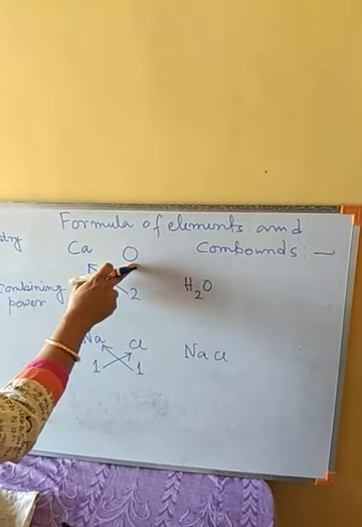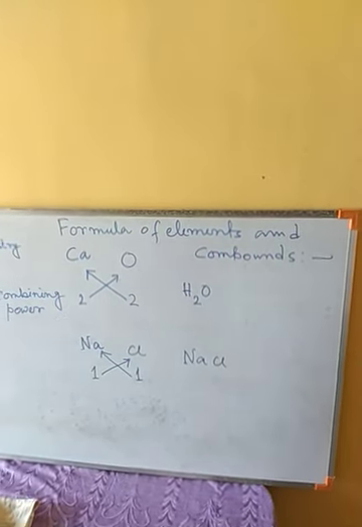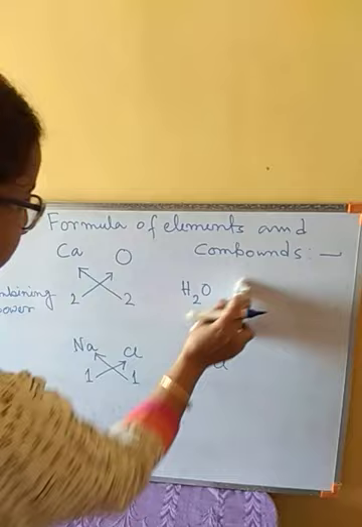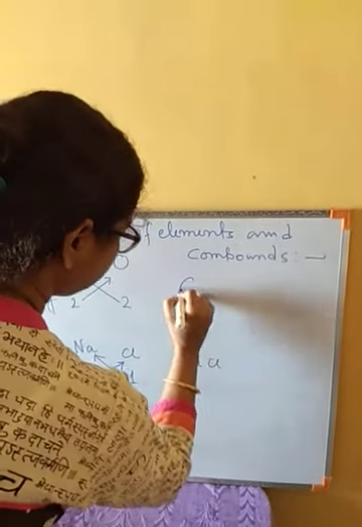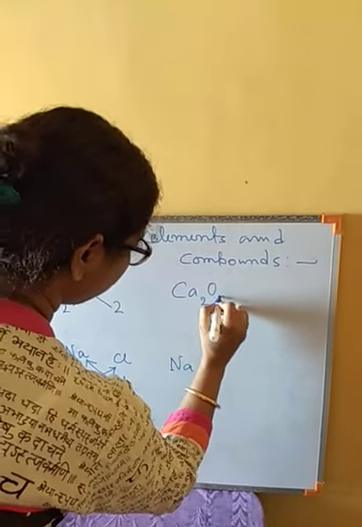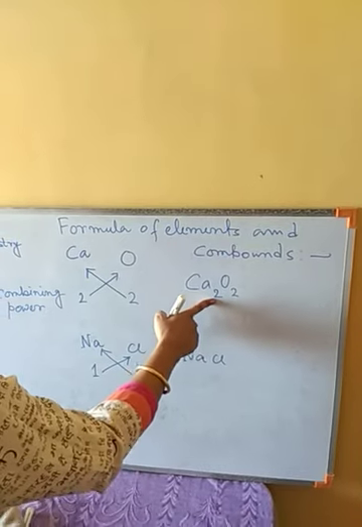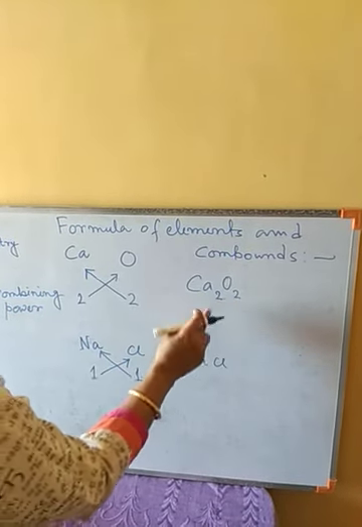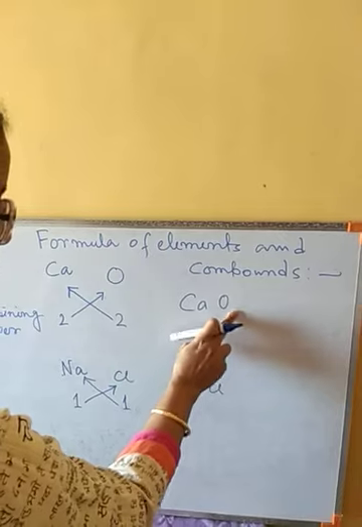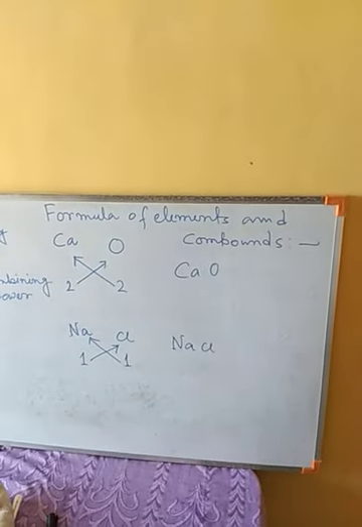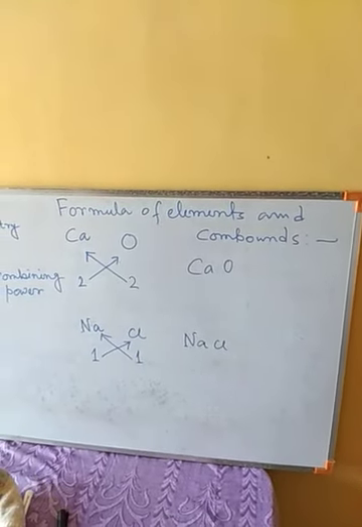So this 2 will go to oxygen and this 2 will go to calcium. So how will we write this? Ca2O2, as both are the same, these two subscripts are the same, so we have to remove them, and only CaO will be the formula of calcium oxide.